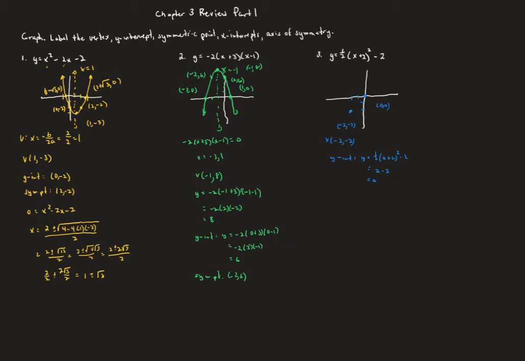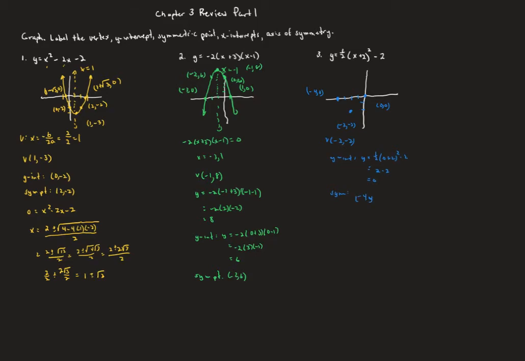And from the symmetry, we can get our symmetric point. Oh, we're really going to be fortunate here because on the other side of the vertex is going to be negative 4, 0. So that not only is our symmetric point, but it's also going to be our other x-intercept.